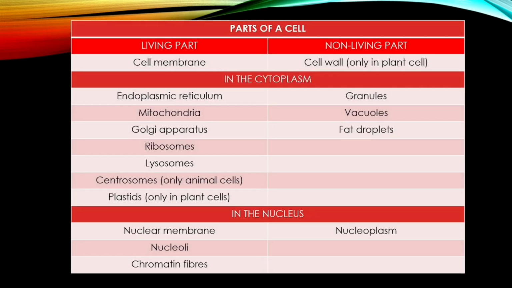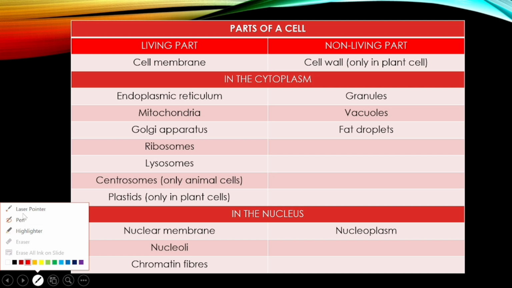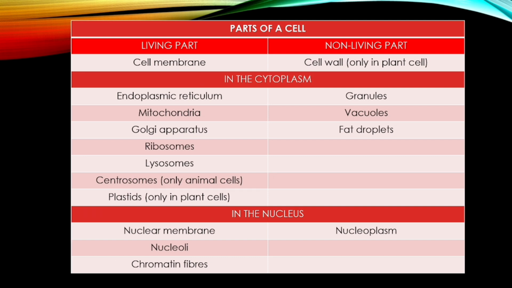Now in this part, we will discuss the different components of the cell: the living part of the cell and the non-living part of the cell. The main important portion for this is the cell wall and the cell membrane. The difference between them is asked on the basis of their permeability. Permeability we will discuss a little later.